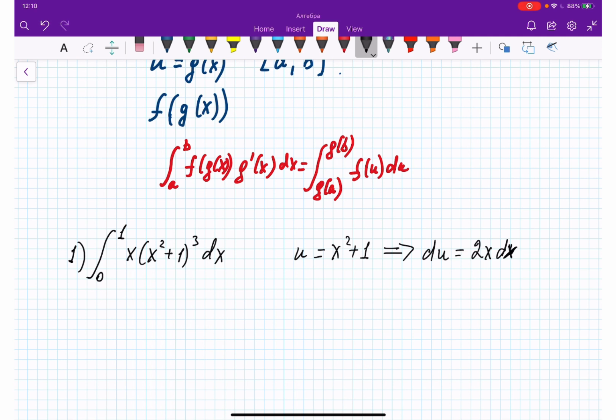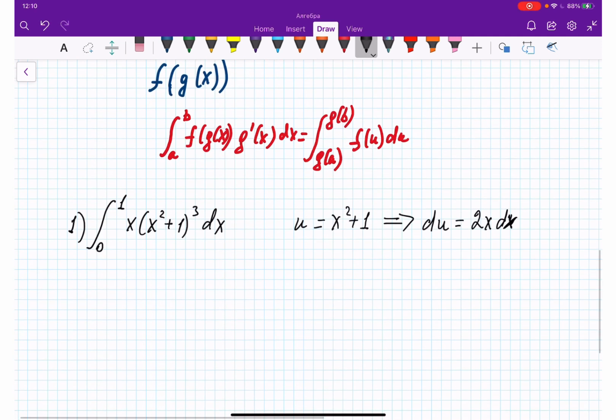Before we substitute, we need to determine the new boundaries, because substitution brings changing the upper and lower boundaries. Right now we have our boundary from 0 to 1.